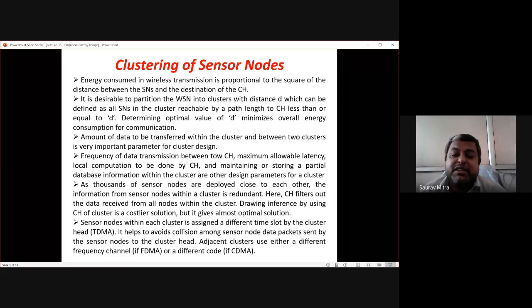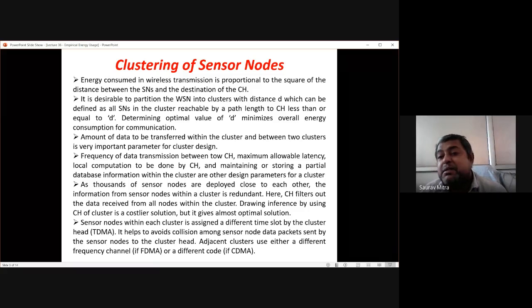So the frequency of data transmission between the 2 cluster heads, maximum allowable latency, local computation to be done by the cluster head, and maintaining or storing partial database information within the cluster are other design parameters for a cluster. So this is a very important discussion: what are the important parameters for clustering? The frequency of data transmission between 2 clusters. Then the maximum allowable latency.